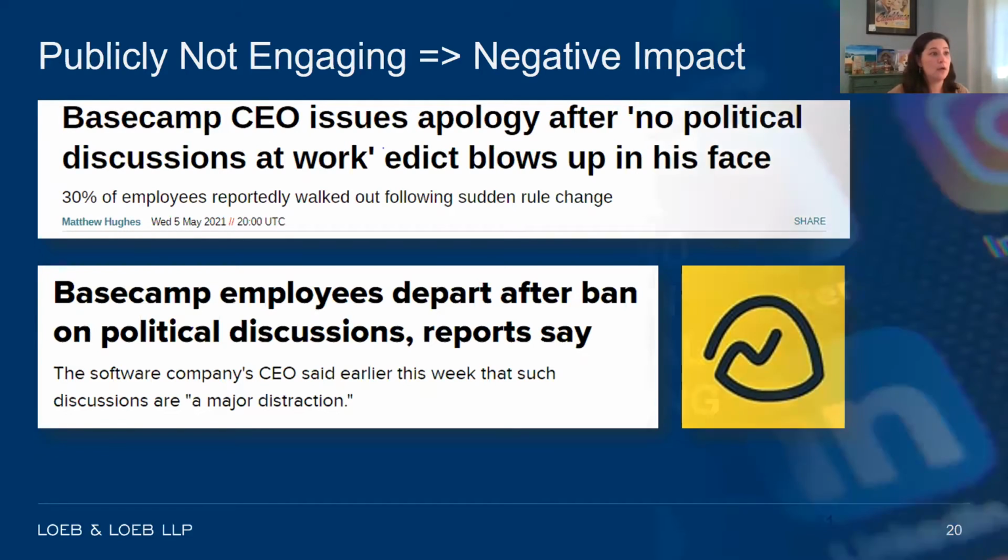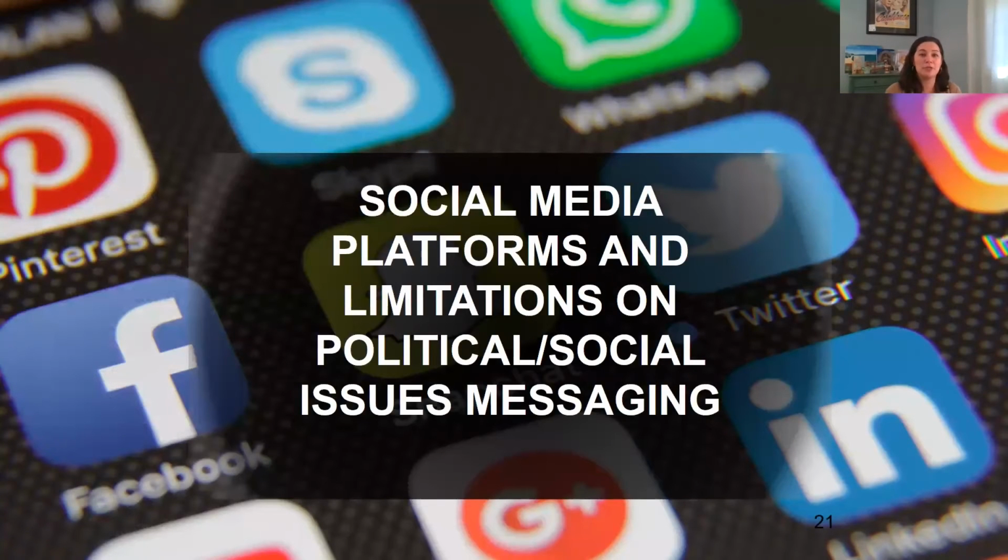So now I just want to talk about social media platforms and their limitations on political and social issue messaging. I think that this is something that you might think these rules may not apply to you, because you're a brand advertising a product, so you're not making a political or social message.